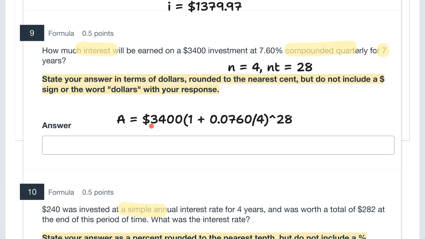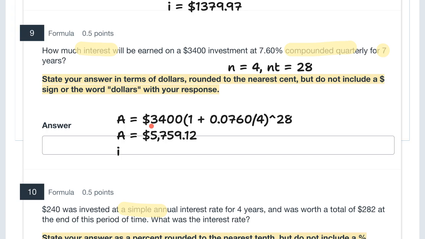So that means the future value A is going to be 5,759.12. It's 0.119, and when I round to the cent, it'll be 12 cents. That's the future value. The question didn't ask for the future value.